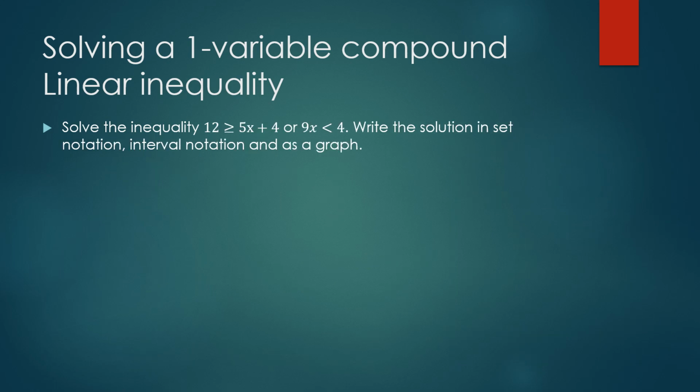Now let's look at an OR inequality. Here we have two different inequalities separated by OR. That means that at least one of them has to be true. Again, a union. So I'm going to solve them simultaneously but separately.